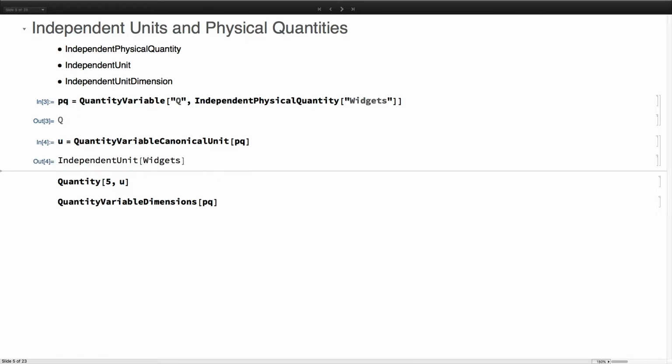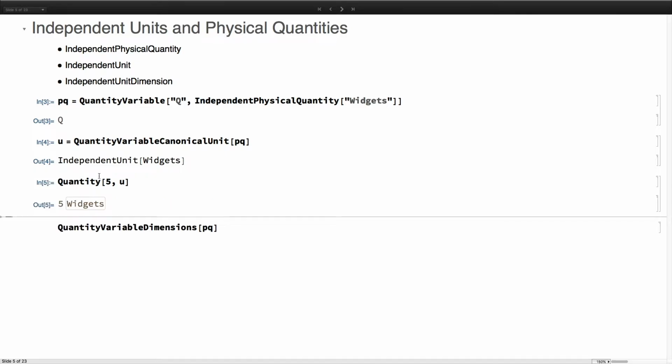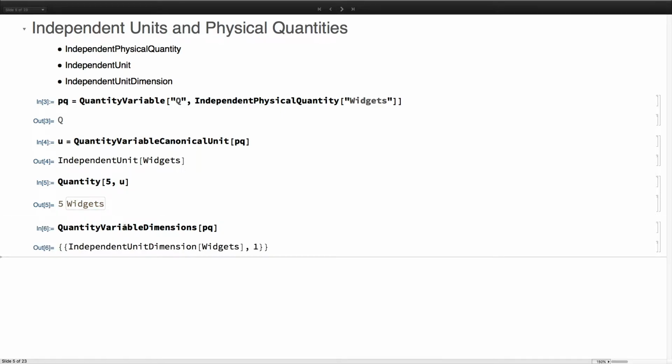You can find the canonical unit of widgets, which will be an independent unit. You could use that in turn in a quantity and then manipulate things. So you could divide widgets by widgets over time and find how long it took to make 5 widgets. And you can also find their unit dimensions, which I'll talk about a bit more in a little bit.